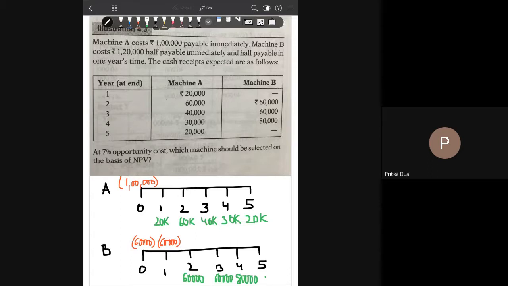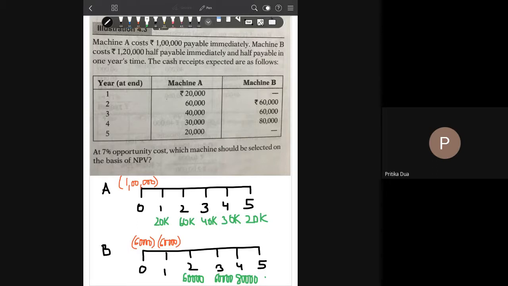But here, since the cash outflows are taking place at 2 points of time, you will be bringing the first year end cash outflow to 0 point of time, and then we will be applying the formula. Rest of the question is the same. Let's start solving the question.